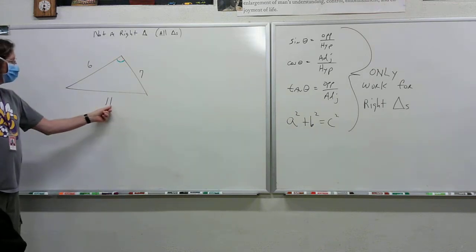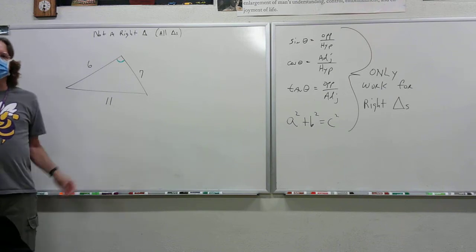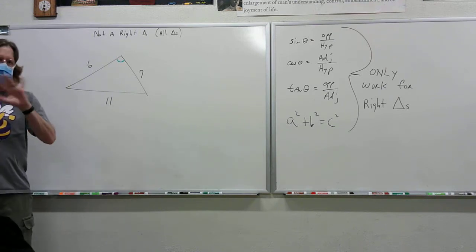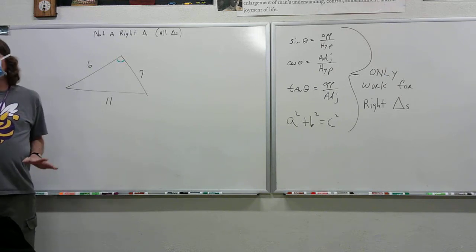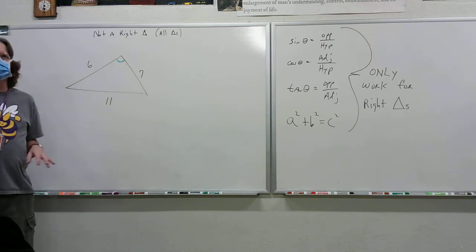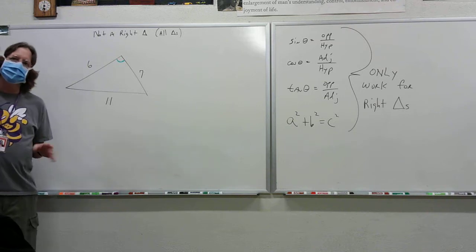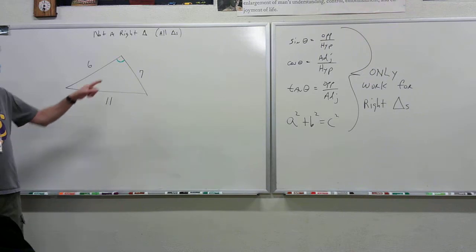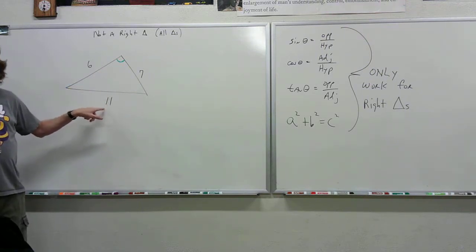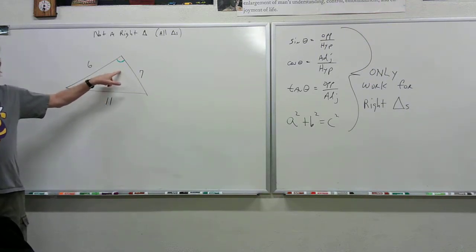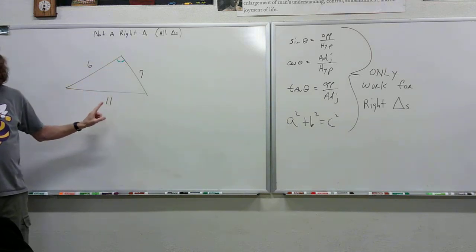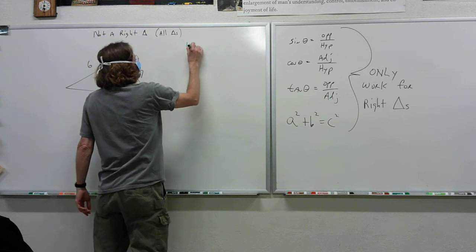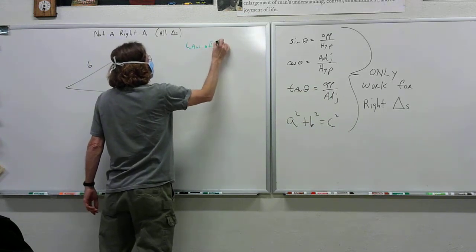Now, honestly, you can find the smallest angle first, but you can run into problems. There's a whole group of sine angles that are a little bit weird that we don't want to deal with yet. So always find the longest side, find the largest angle first, which will be opposite the longest side. To do this, we're going to use something called the law of cosines.